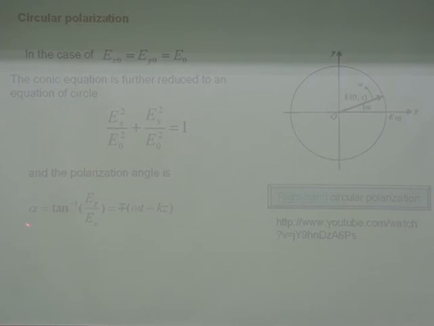Okay, same thing. Now EY0 divided by EX0 is equal to 1. So your alpha is very simple. This alpha is directly equal to minus plus omega t minus kz. Okay, so this is circular polarization.